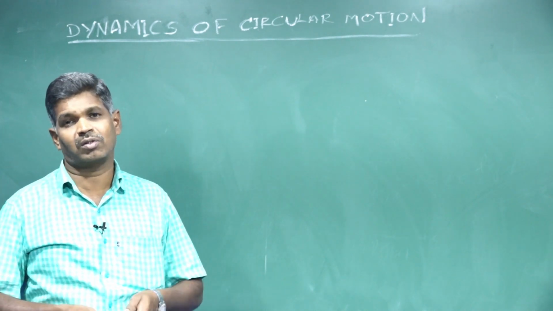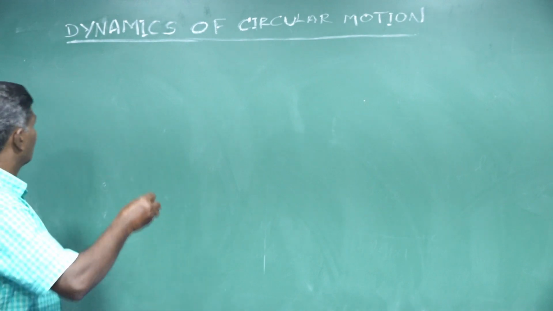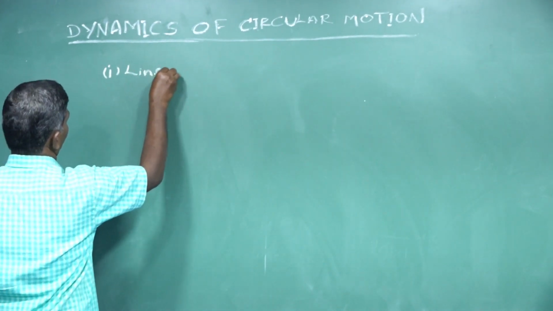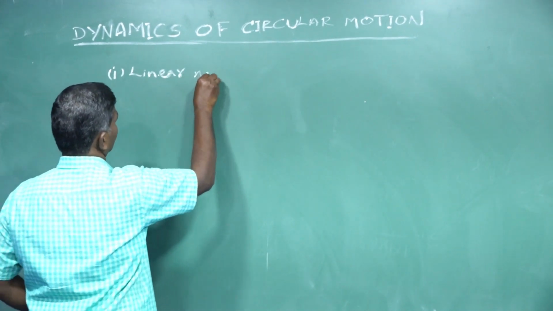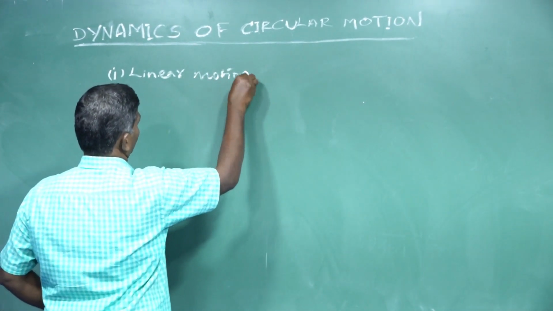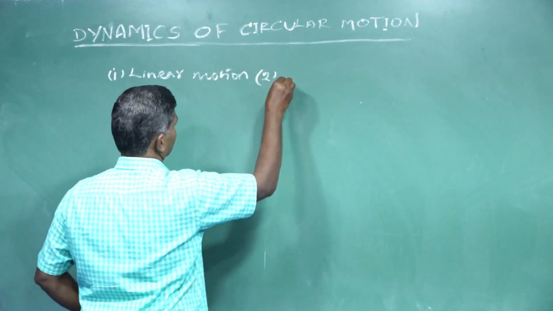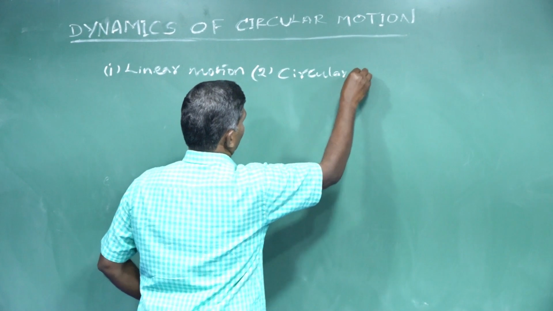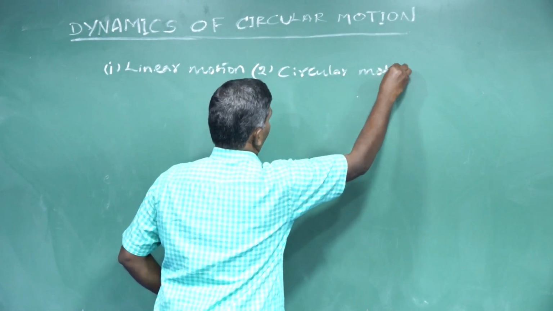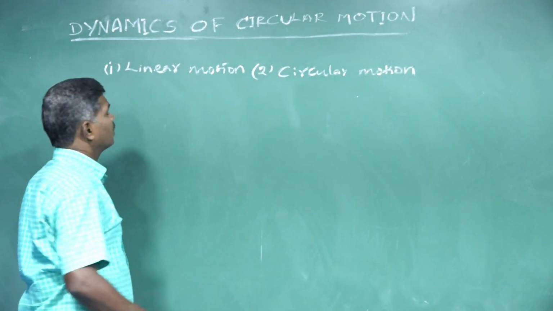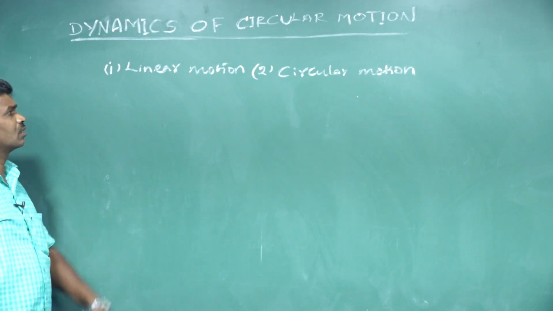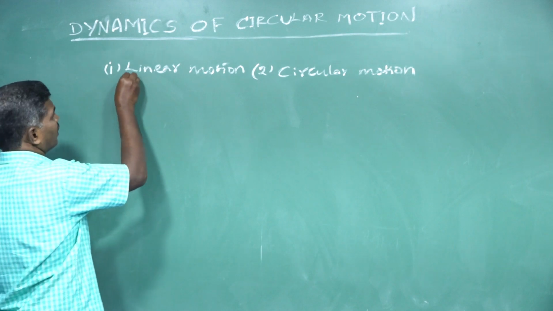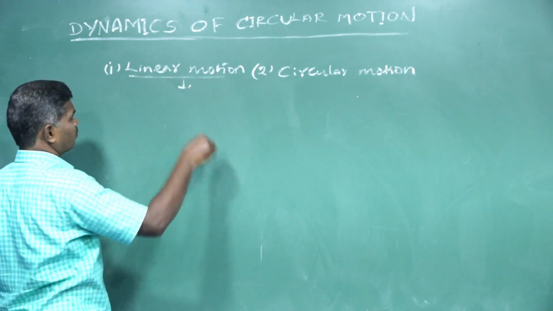One is linear motion. Second one is circular motion. You know already about these two topics, even though we are going to see what a linear motion is.